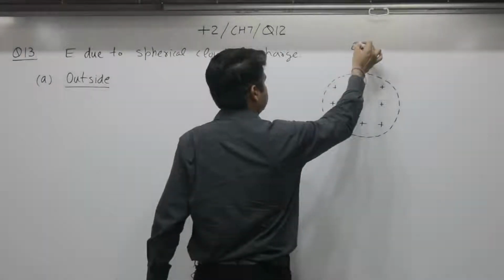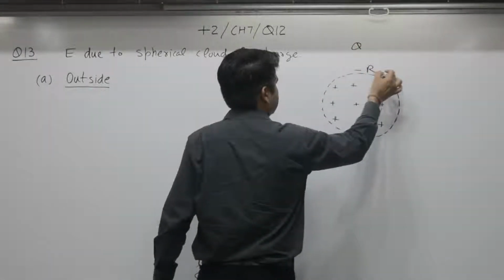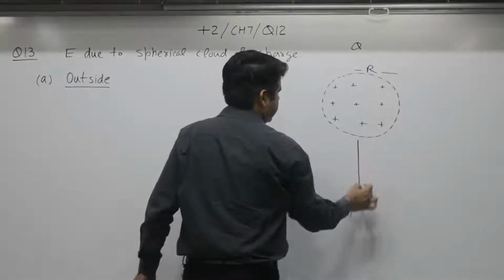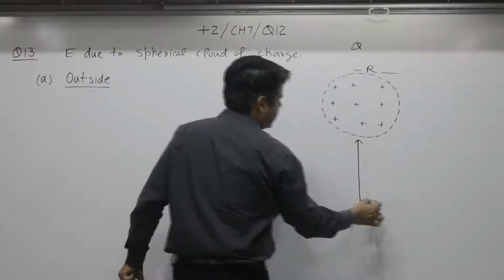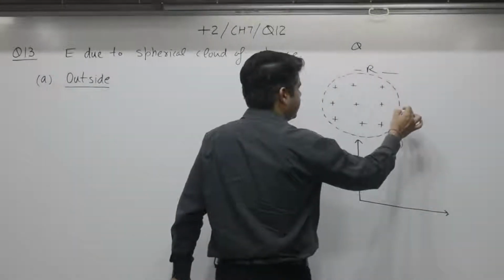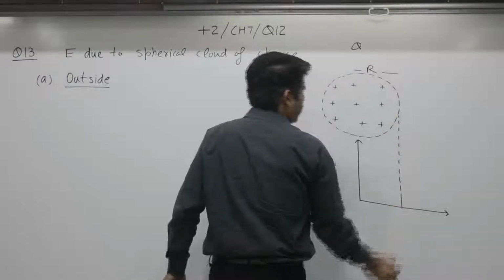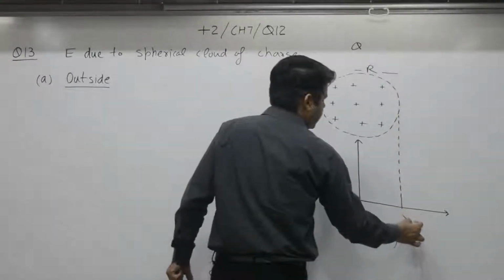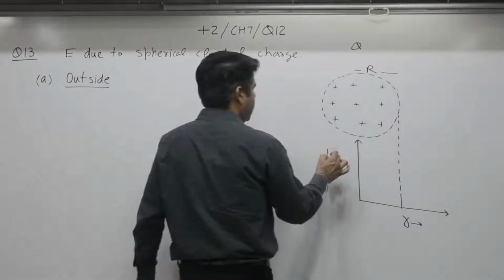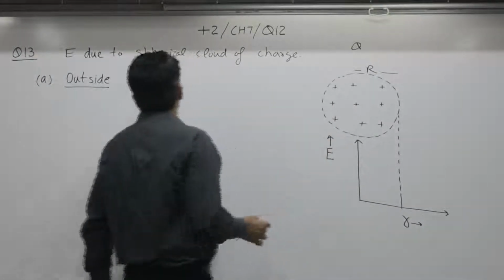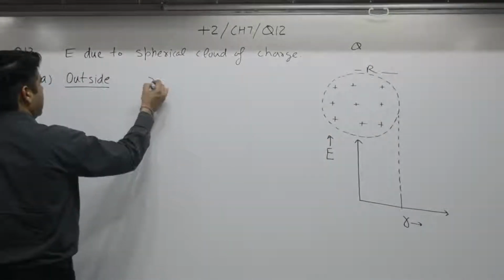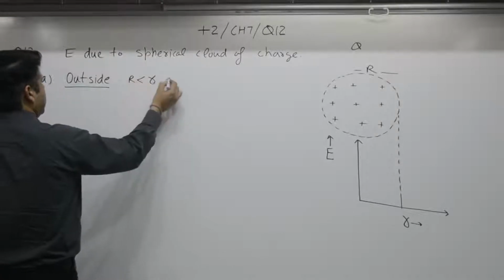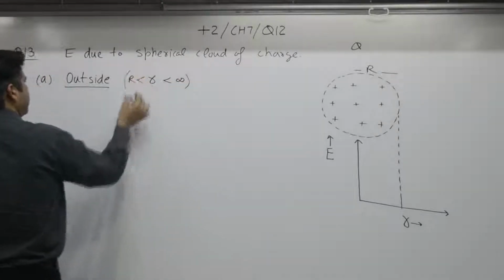Charge is Q and radius is R. In the first case, we have to find out, inside or outside? Outside. So we have to plot E as a function of r. When you say outside, that means r lies between capital R and infinity.